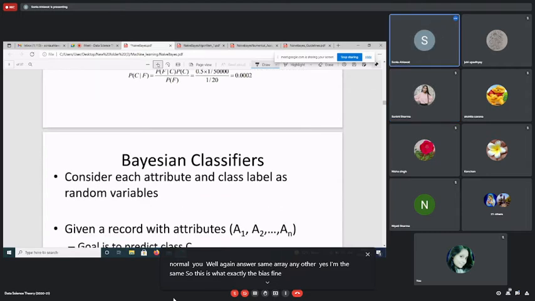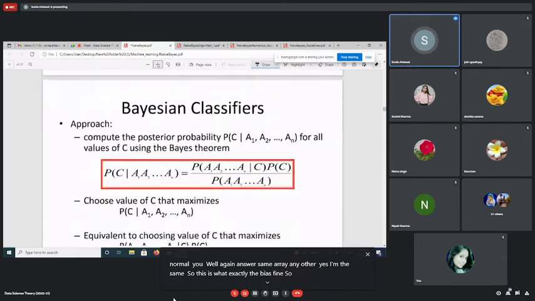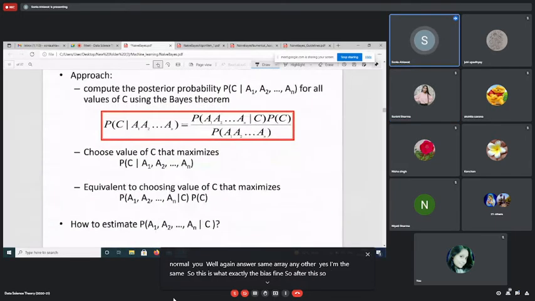Fine. So after this, class, now we can have multiple posterior probabilities. So I have A1, A2 till AN as the number of features, C as the class, then I can re-represent my formula for Bayes classification in the same format, but now it is written in a different manner.